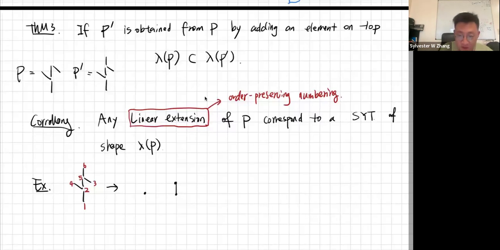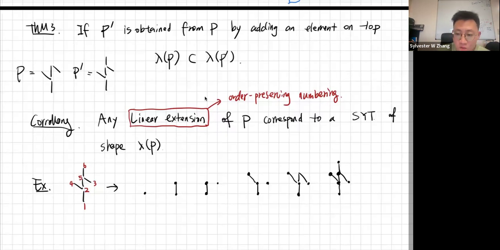Then you take the subposet labeled by 1 and 2, then the subposet labeled by 1, 2, and 3, then 1, 2, 3, and 4, then 1, 2, 3, 4, 5, and then the subposet labeled by everything.